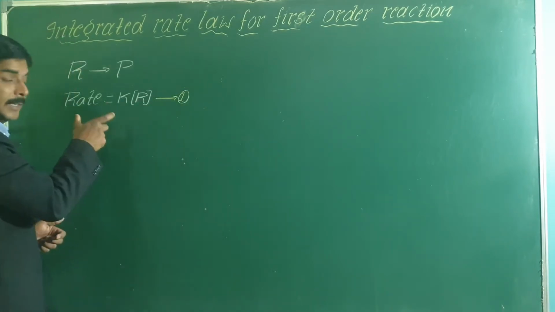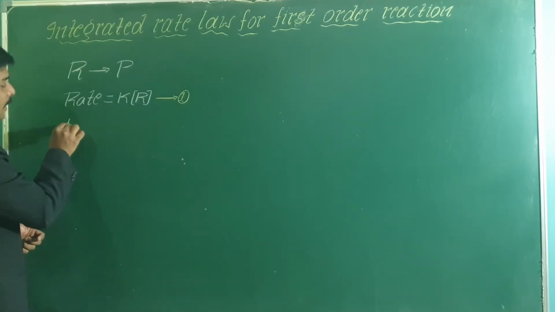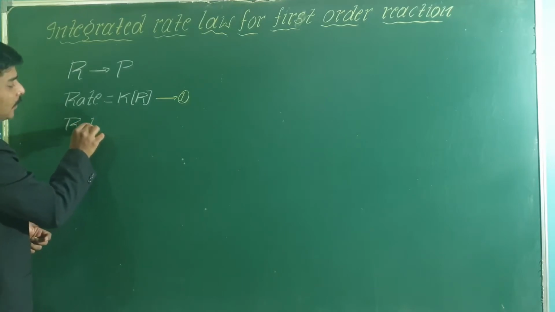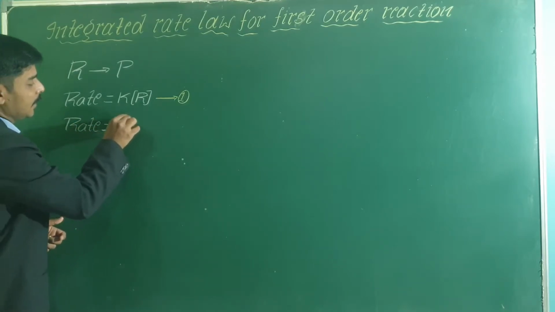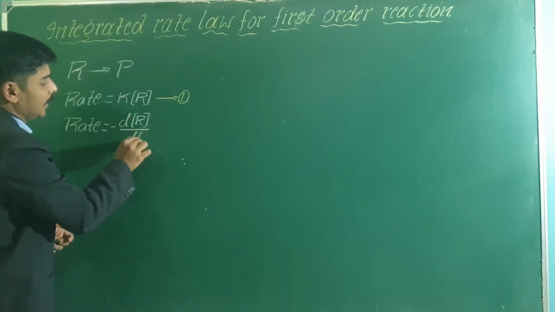Next, rate is defined by definition, we can write the rate expression as rate is equal to minus dR by dt.